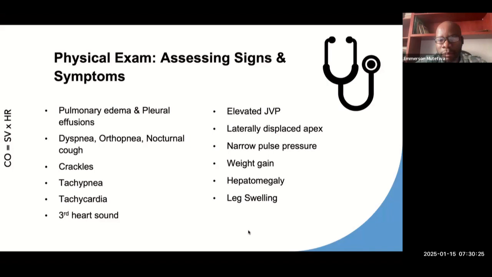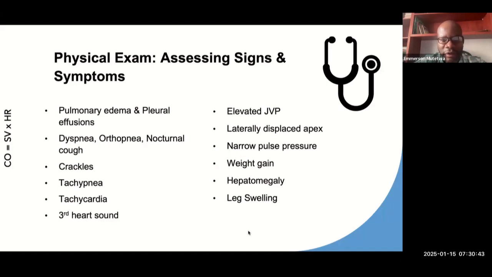In terms of respiratory parameters, you look at issues like dyspnea with tachypnea and orthopnea, nocturnal cough. You can have crackles with evidence of pulmonary edema or even pleural effusion.